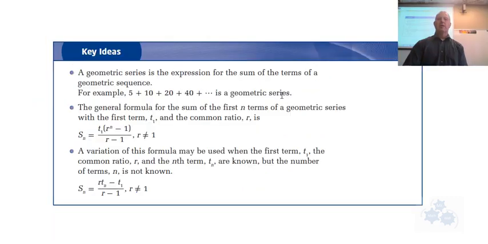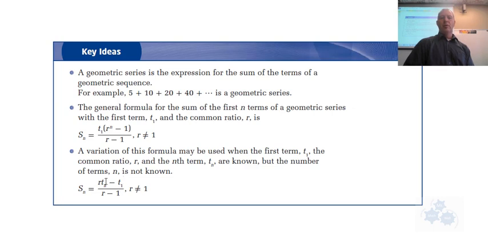So finally, in this lesson, the key ideas. A geometric series is basically the sum of a geometric sequence. Just like we talked about, here's the formula. R cannot be 1, and then this formula holds true. And this is the sum formula as well, a variation of the sum formula.